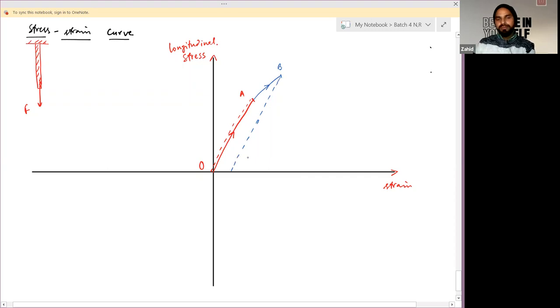And now if you remove the deforming force, it will reach up to this point, having some deformation with it. And this deformation, which is permanently stored in it, will be termed as permanent set. And it will be almost 1 to 2% of its actual length. Is it clear?